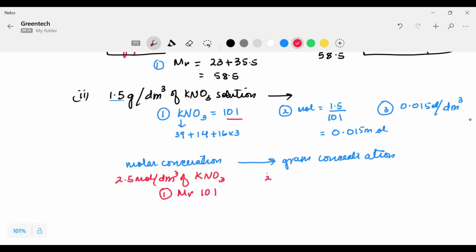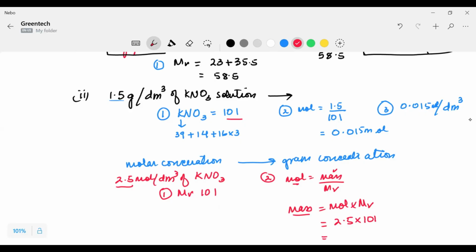Now the second step, I need the formula. Formula is moles equals mass over MR. Now I need to convert the moles into mass, so I'll rearrange this formula. Mass equals moles times MR. Whatever moles I have, I'll multiply by MR in order to have the mass. So it is going to be 2.5 moles multiplied by 101. Come on, simplify.